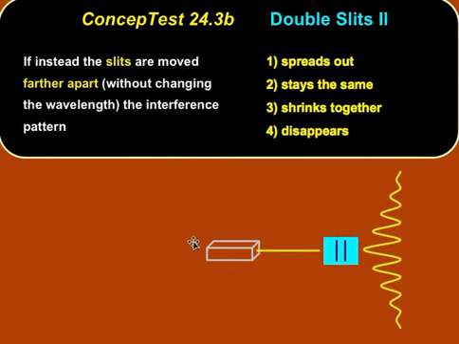Okay, so let's do the opposite. If the slits are moved further apart but without changing the wavelength, now what happens to the interference pattern? Don't guess. Think about the equation.